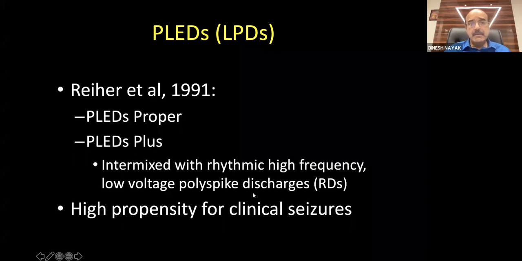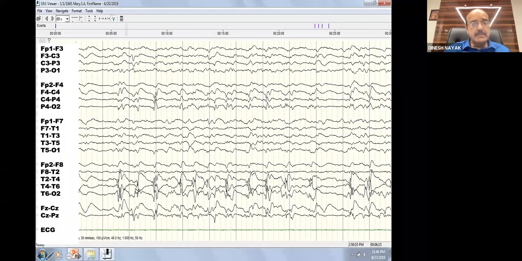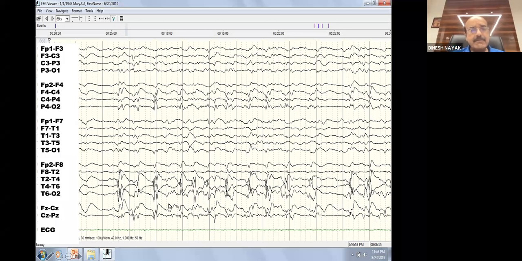Now, you see that it's happening. This is the frequency. And you can see here very well that this is a poly spike. You see, that's a spike, and then that is the after discharge. You see that spike, and you can see a second spike there, and then the wave.